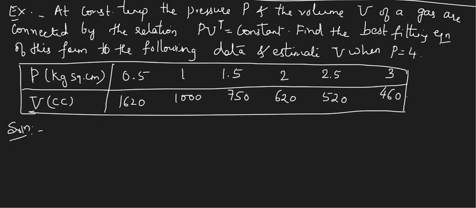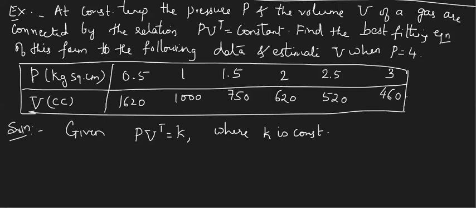So first, let us take this equation and convert it in our form. Whether we have to take it as straight line format, or in the parabola format, or in the power curve? Which category do we have to treat this curve as? PV raised to T equal to some constant. Power curve, obviously, because we have some power over here, where K is some constant.